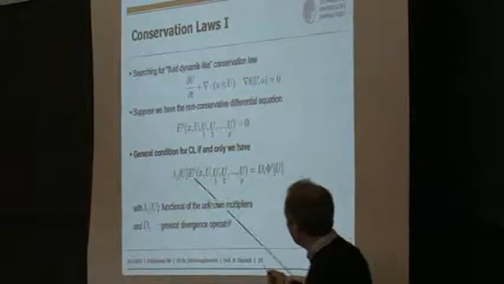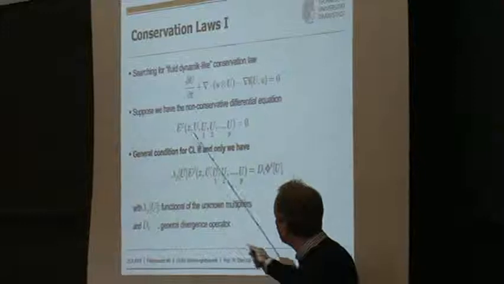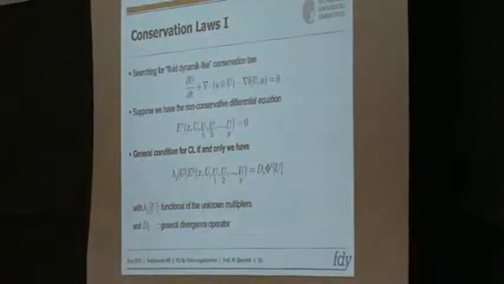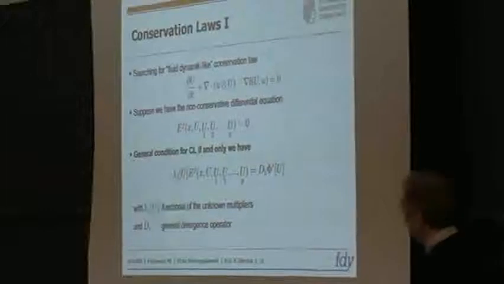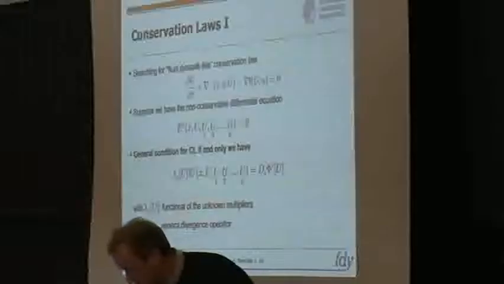So what we're really looking for is this type of multipliers, such that this equation can be written in conserved form. And we do know that if you have some conserved quantity, that is extremely helpful for understanding, but also numerically.